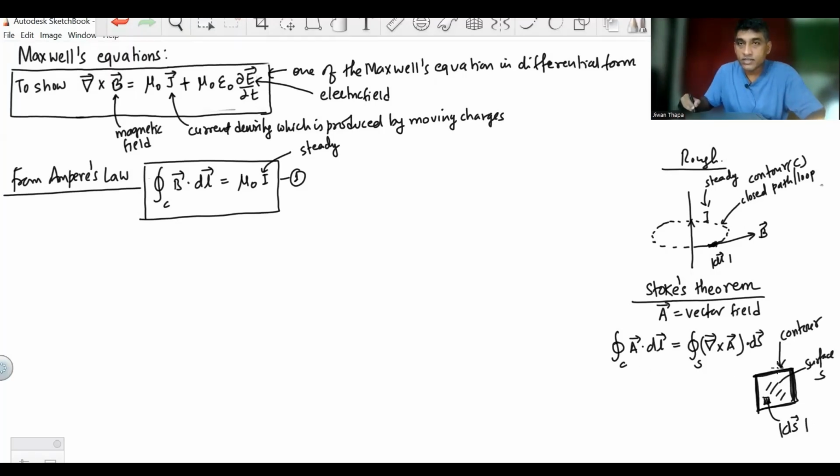Clear? So we have a closed loop which is enclosing surface S. Clear? Now let us replace A vector by magnetic field. Then we can rewrite this equation in this way.